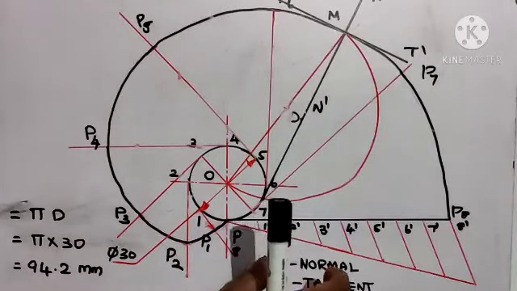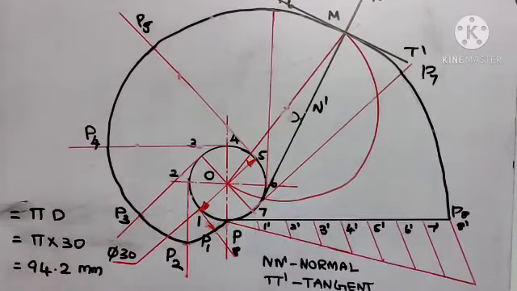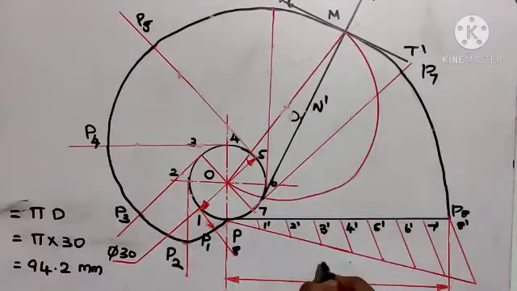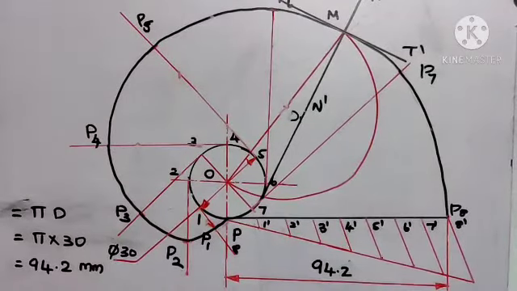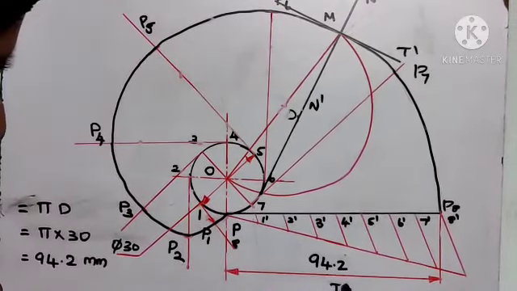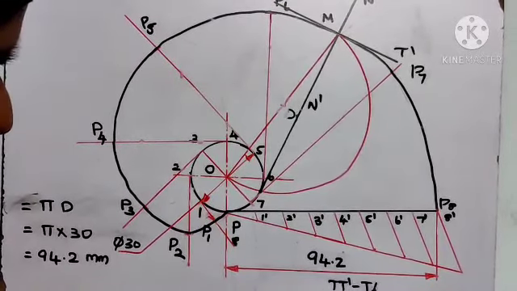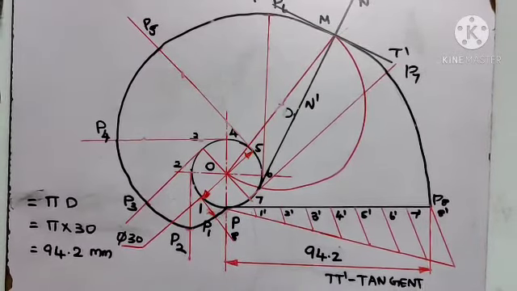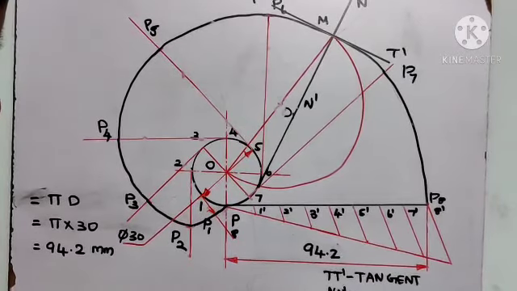Next, the distance between P to 8 dash needs to be mentioned. Mention the distance, that is 94.2. In the corner, you mention T dash as tangent, N dash as normal.